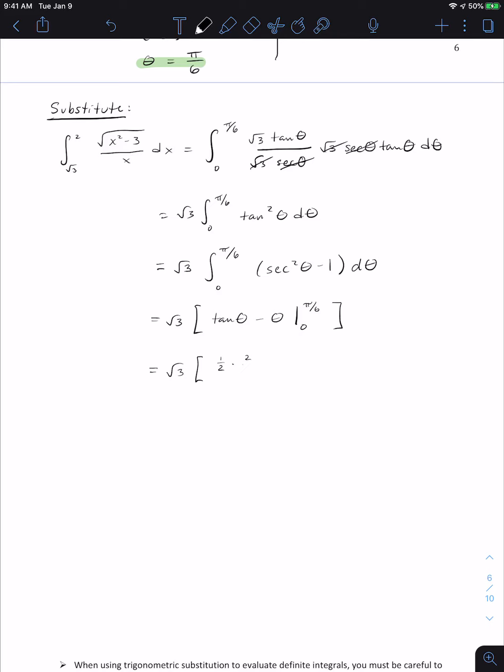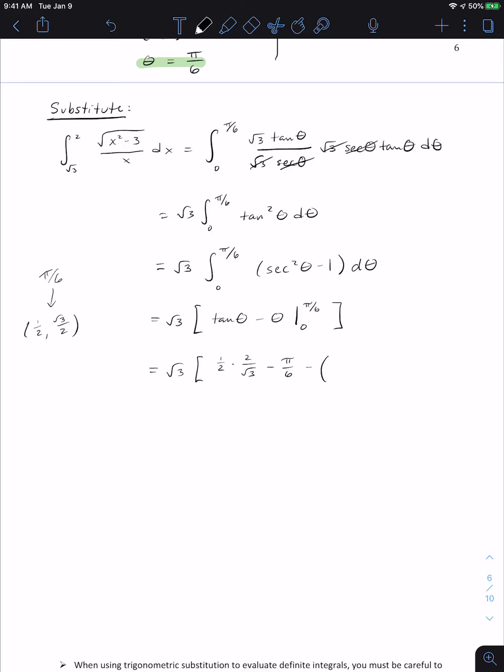So in other words, multiply by 2 over radical 3, right? Because at pi over 6, I get 1/2 and radical 3 over 2. So when I do tangent, I divide 1/2 by radical 3 over 2, which is the same as multiplying by 2 over radical 3, and then minus theta, which is just pi over 6.